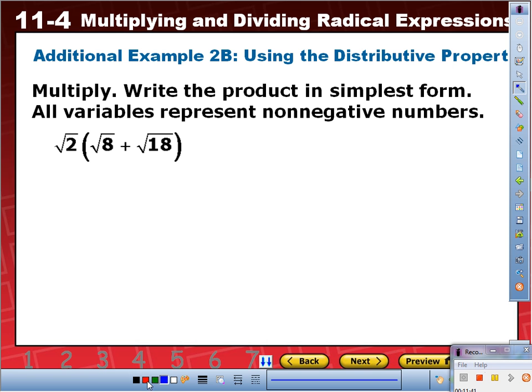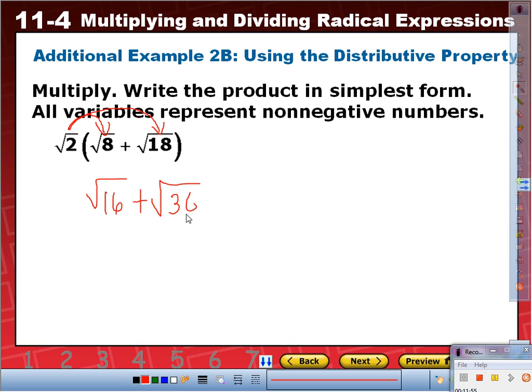So let's see. Let's distribute this. Square root of 2 times square root of 8, that gives us square root of 16, plus square root of 2 times square root of 18, that gives us square root of 36. Now let's simplify. What is square root of 16? 4 plus 6, and that is?